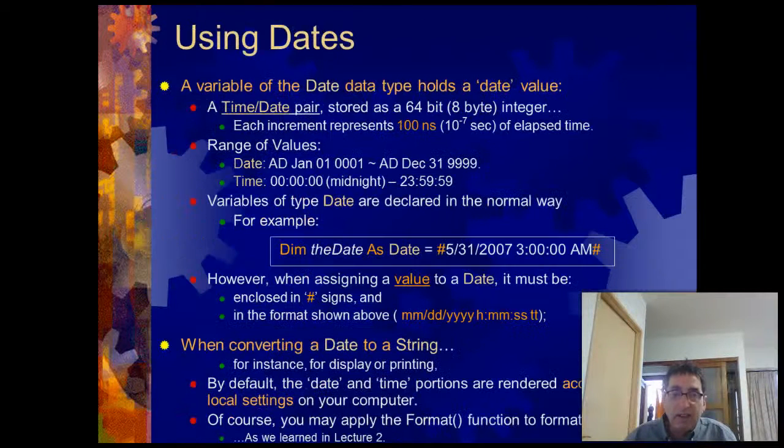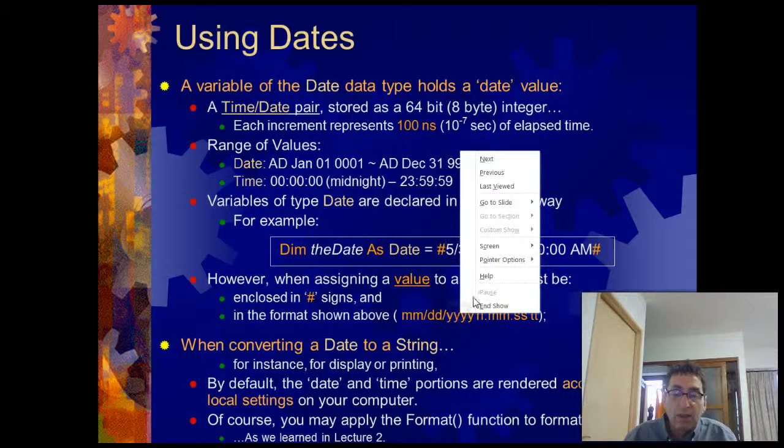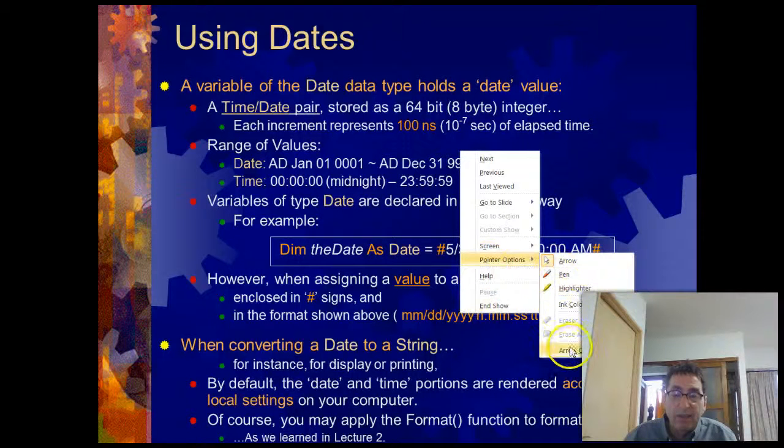Okay, so let's talk about dates. So we can do this. We can have Dim, the date, or any variable name, Dim variable name As Date. So just like we had As Integer, or As Double, or As Long, and so on, we can also have As Date.